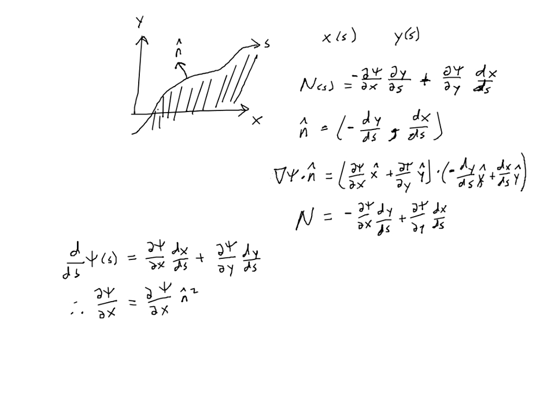And so n hat squared I can get from taking this thing and squaring it. And so that is equal to partial psi with respect to x times dy ds squared plus partial psi with respect to x of dx ds squared.